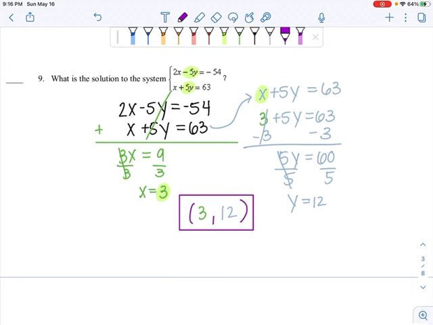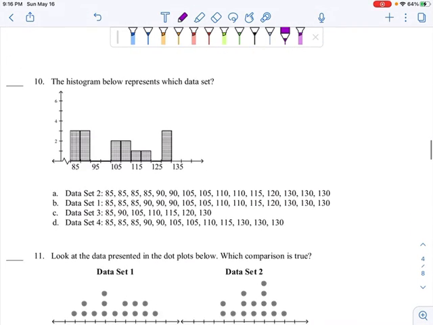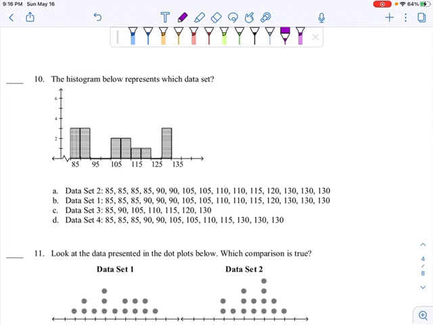Okay, number 10 says the histogram below represents which data set. So all we have to do is look at how many of each number there are. If I look at 85, that shows me that I have 3 of them.